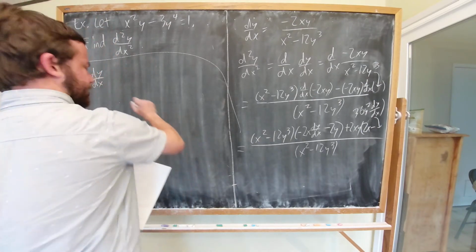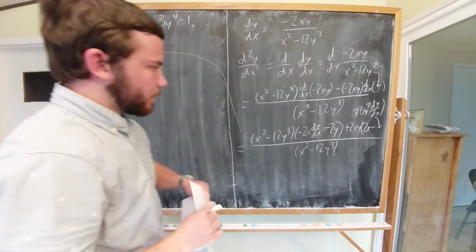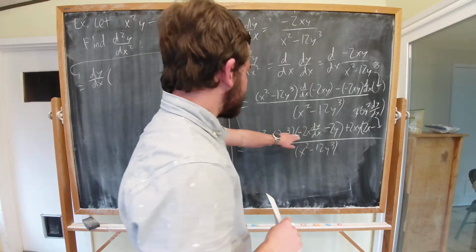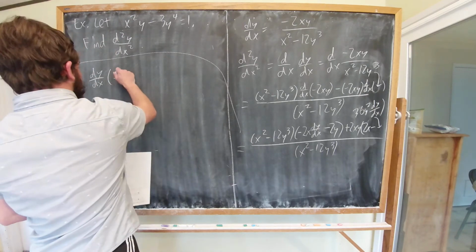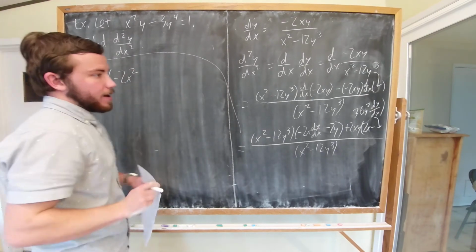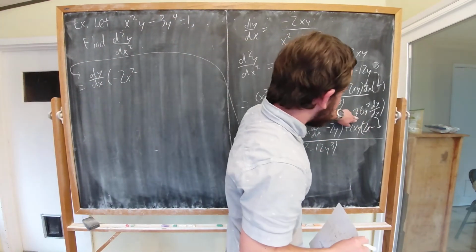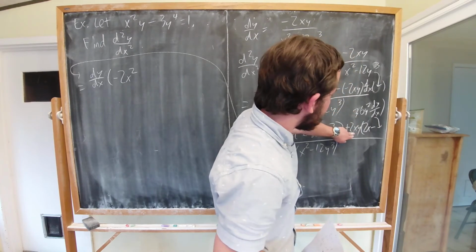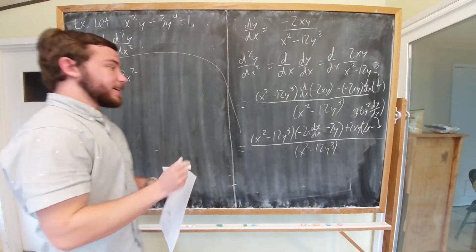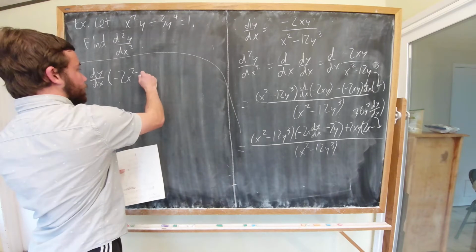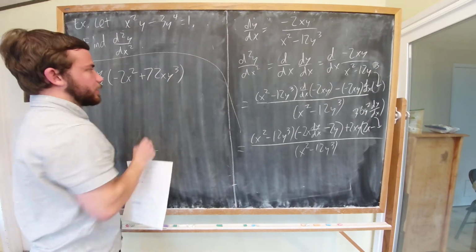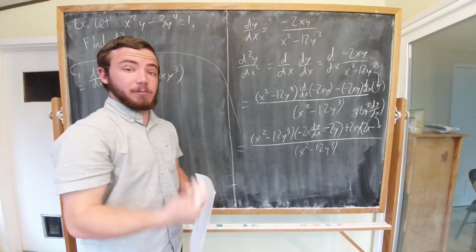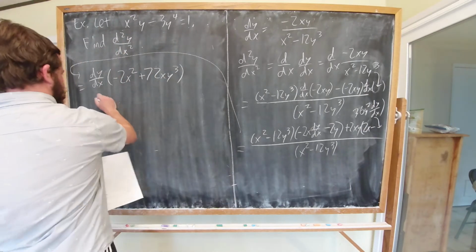We're going to have dy/dx times, okay, I'm going to have a negative 2x squared in there. And then we're also going to have the 36y squared times 2xy, aka 72xy cubed. So those are all the terms with dy/dx's, and then all the rest can just do what they want.